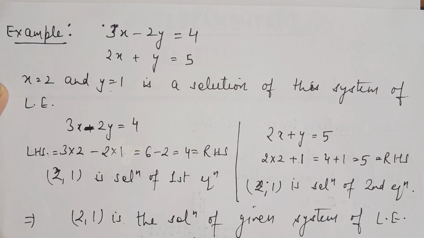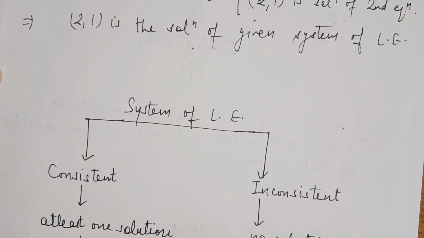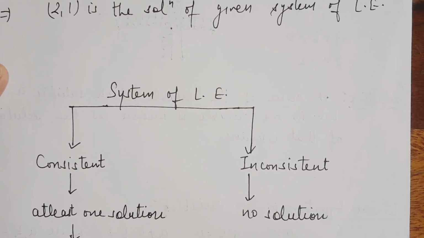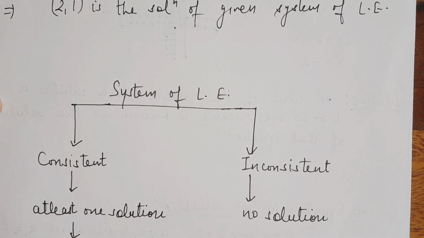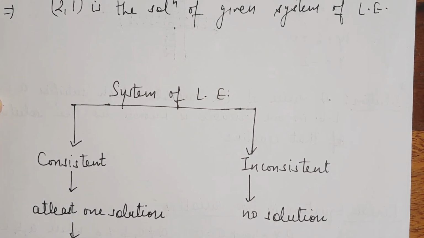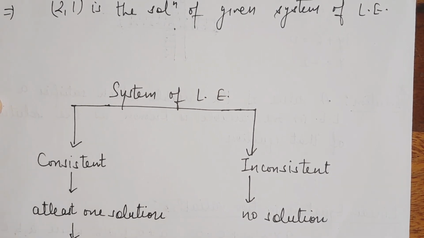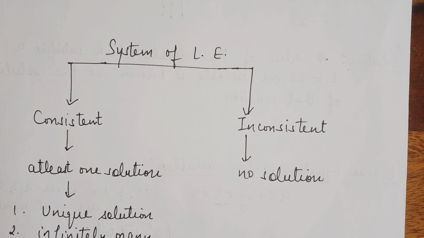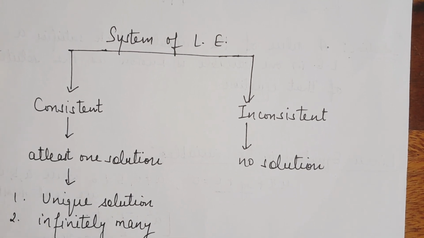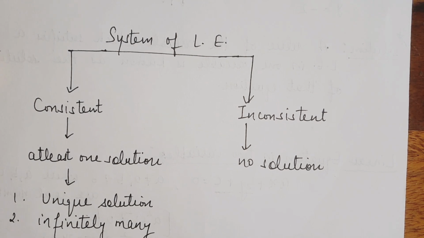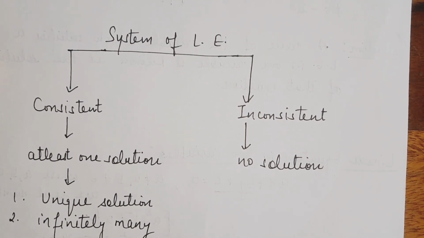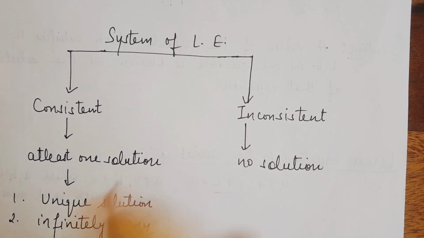So basically we will categorize the solution of a system of linear equations as consistent and inconsistent. Consistent are the systems of equations which have at least one solution, at least one solution must exist. So we will call the system of linear equations consistent at that time.